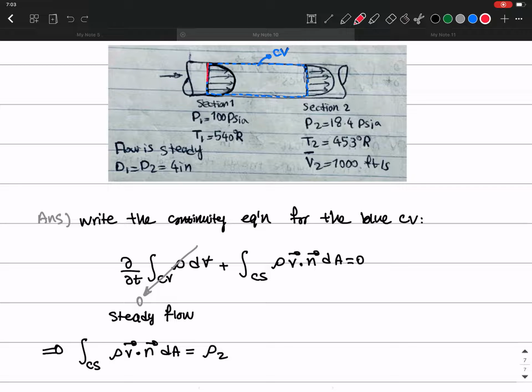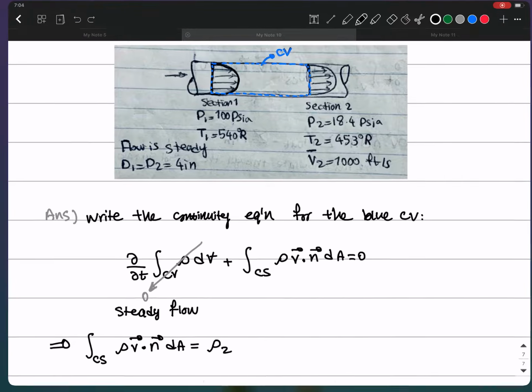And only in these two surfaces, in this surface the flow comes in, we have an inflow, and in this surface we have an outflow, right? So again, we have to subtract the inflow from the outflow.